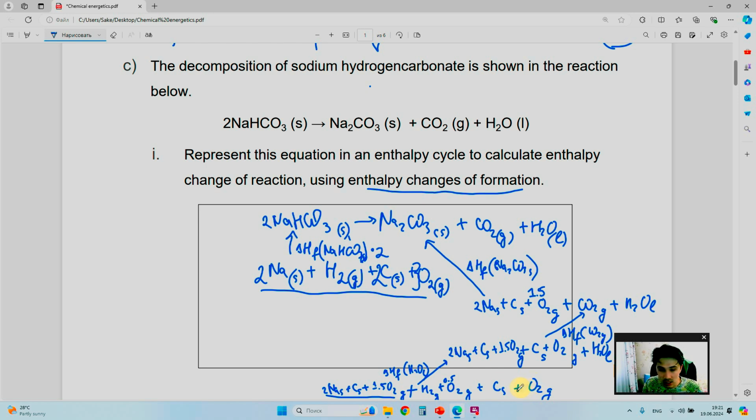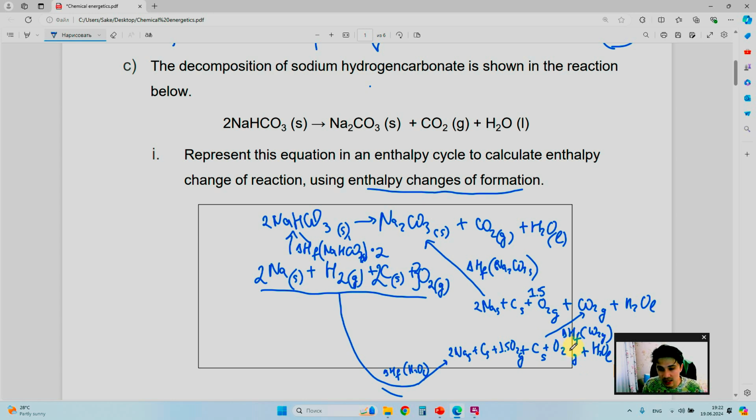So what does it mean? We can just erase that part and just continue that like that. So we are making water from these amounts of oxygen and hydrogen here, and the rest elements are left, so we have made a cycle.